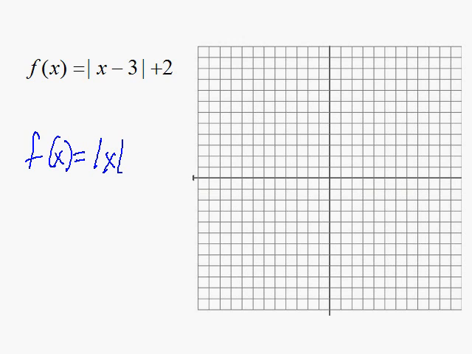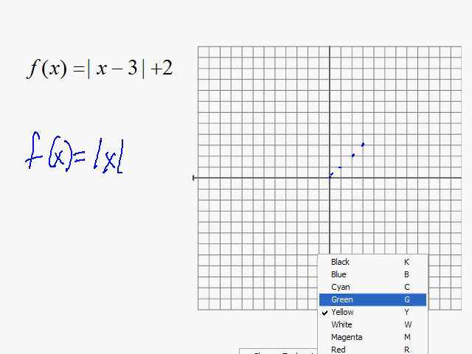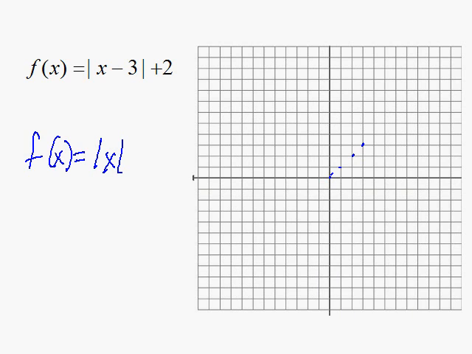What does the absolute value of x look like? That's the function that looks like the letter v, because when x is 0, it's 0. When x is 1, it's 1. When x is 2, it's 2. When x is 3, it's 3, etc. So maybe I'll even do the straight line bit. Okay, so it's just a straight line like this.